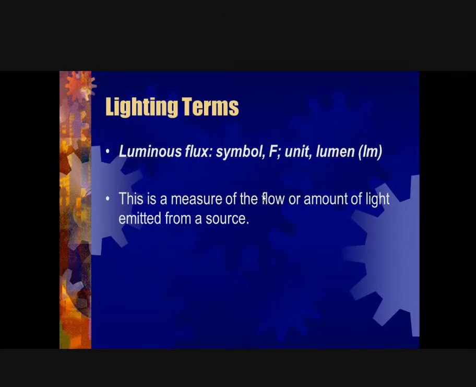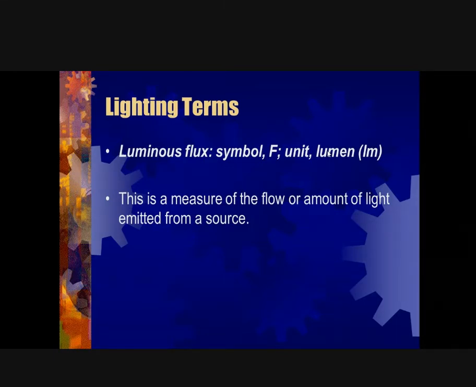Luminous flux, denoted by F, and the unit, which you should be aware of, is lumens. Basically, this is the amount of light emitted from the source. So the first one, luminous intensity, was the brightness; this is really the amount of light being emitted from the source.